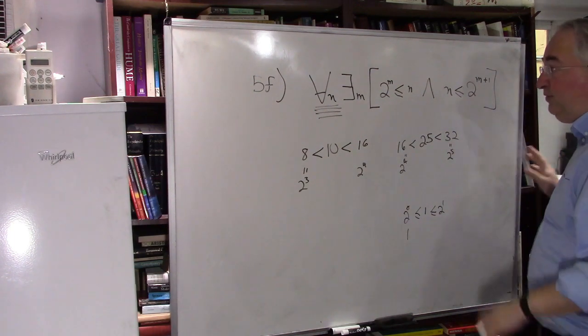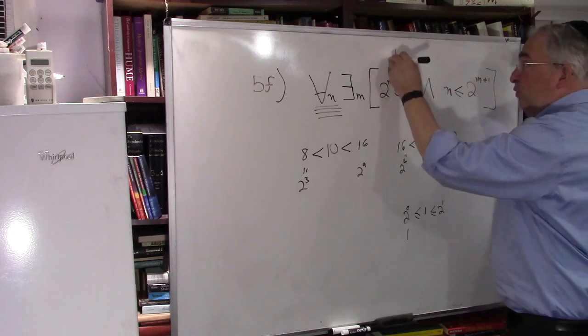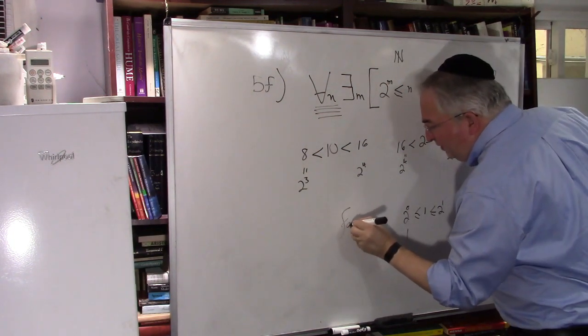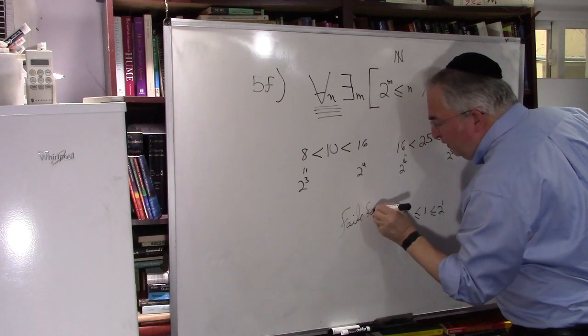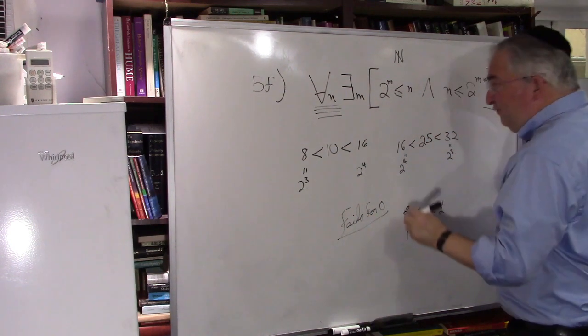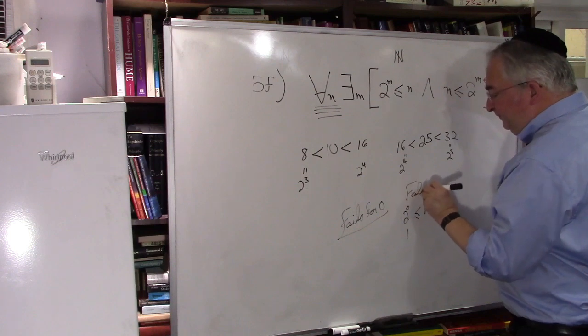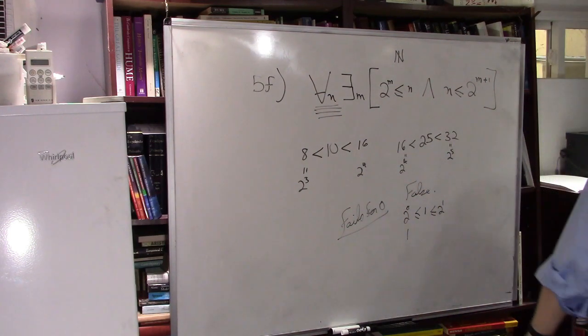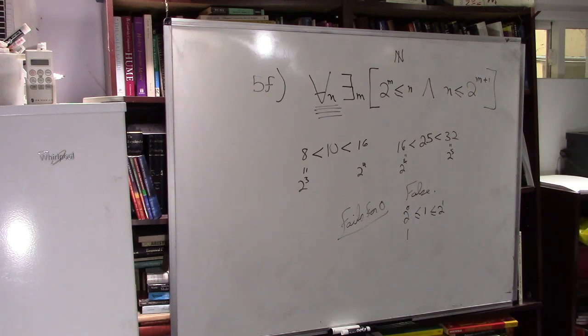So it really works for almost every number. The only thing is we said that this is a part of N. It fails for 0. Therefore, it's false. Okay, so that takes care of that.